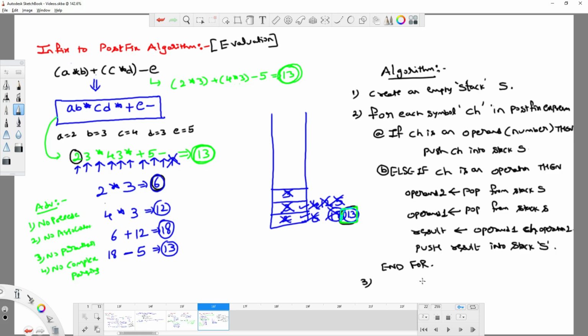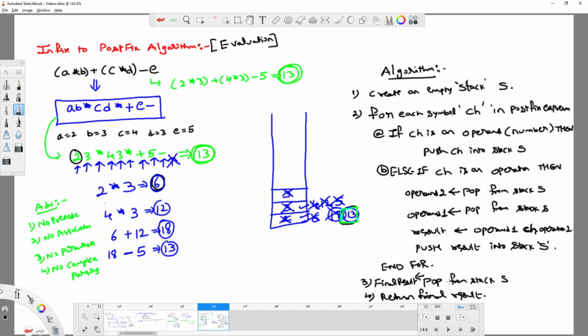So you pop from stack S, and that is our final result, guys. At the end you return the final result. So this is the algorithm to evaluate postfix notation.